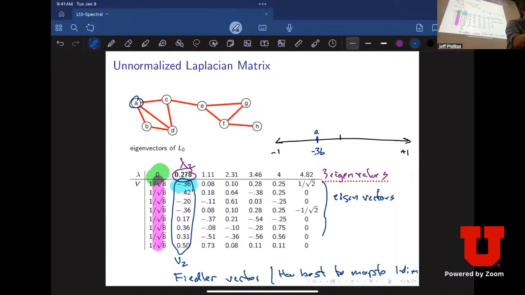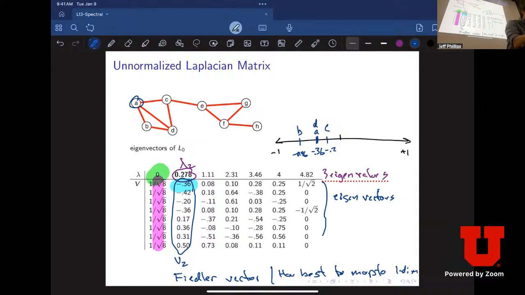The value for B was a little bit further, 0.46. This was B. C is going to be here, C at -0.2. And then D happens to sit in the same location as A. Then E is next.